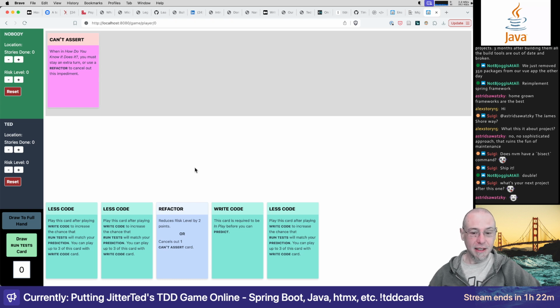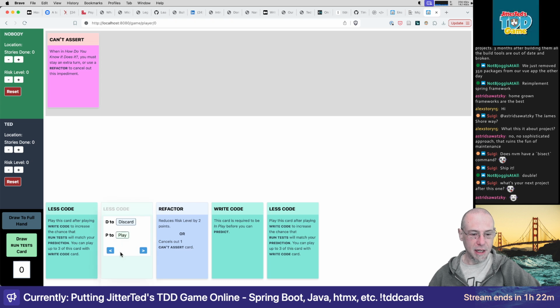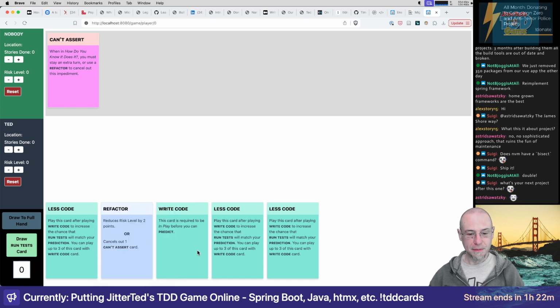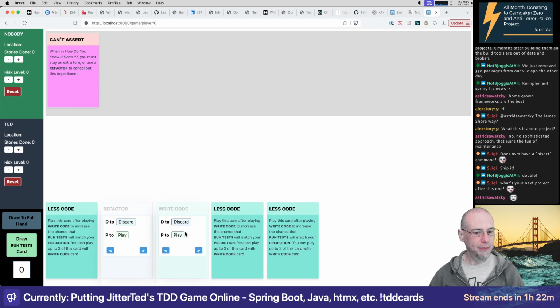So we can play. I'll take a less code card and I'll discard it. Which clearly doesn't work. That's a bummer. I can reorder the cards. Why will it not let me discard?